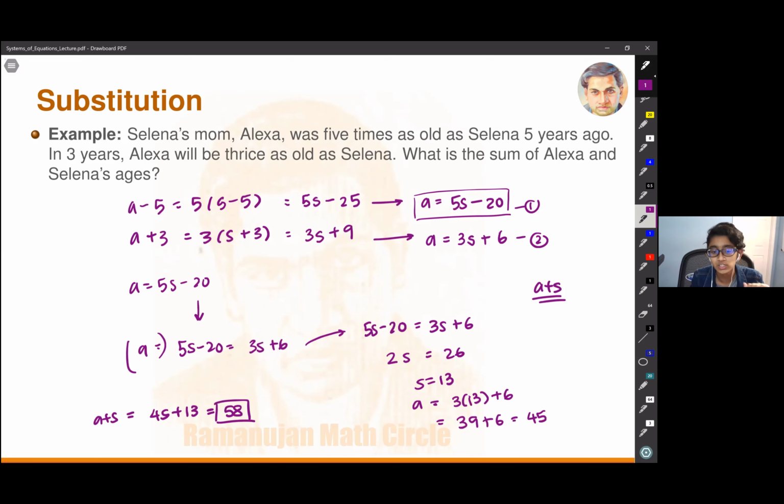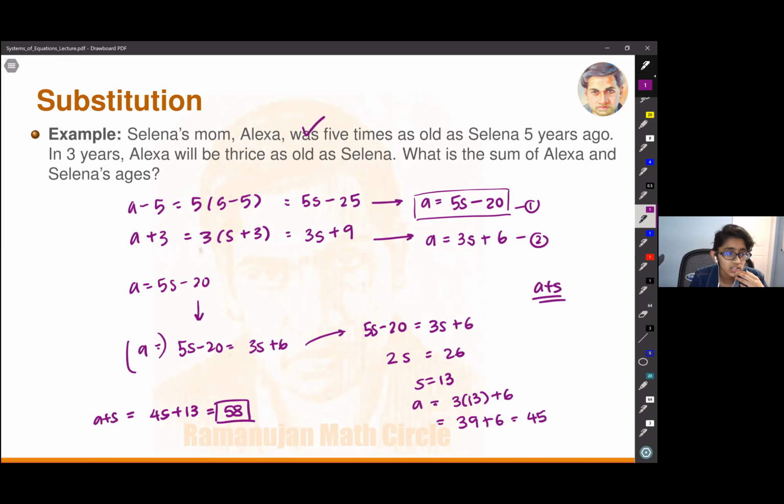So 5 years ago, Selena was 8 years old. And Selena's mom was 5 times as old as that. So she was 40 5 years ago. That makes sense, right? Because now Alexa is 45 years old. Back 5 years ago, she was 40. So the first part works. So let's check that off.